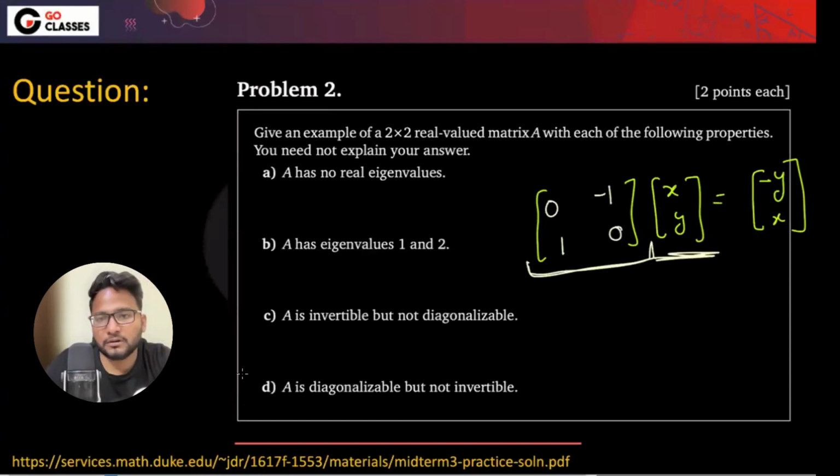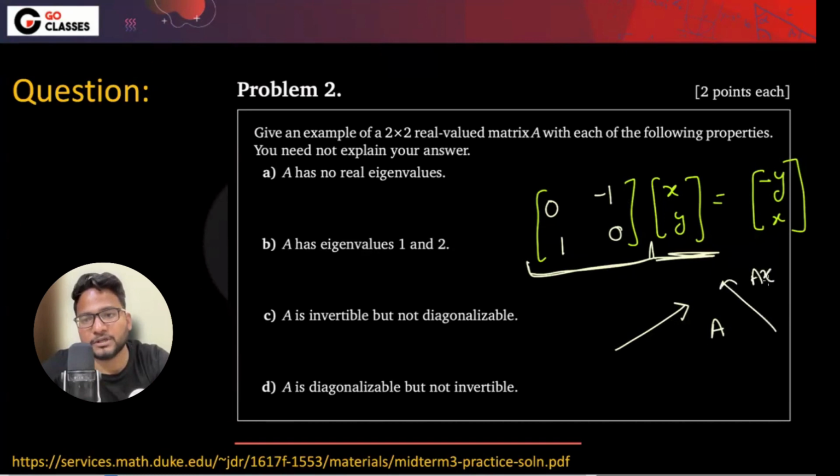Can there be a vector which stays on the same line when you multiply it by the matrix A? No, right? It will get rotated. If this is X, then AX will be rotated, since this matrix rotates every vector. You can even verify this. It will not have real eigenvalues.